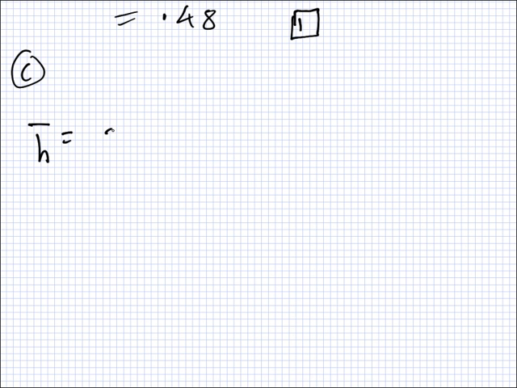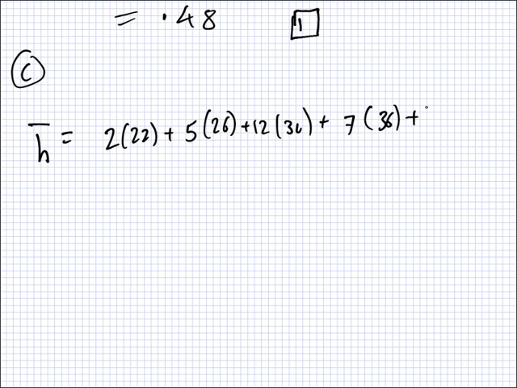So it's 2 times 22 plus 5 times 26 plus 12 times 30 plus 7 times 36 plus 4 times 45, over 30. That's roughly 31 maybe. 32.2.